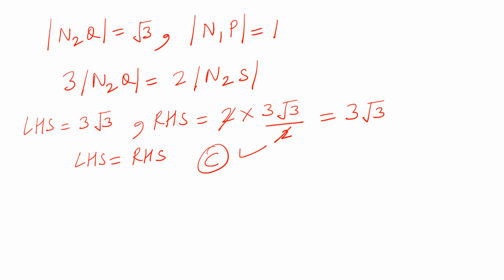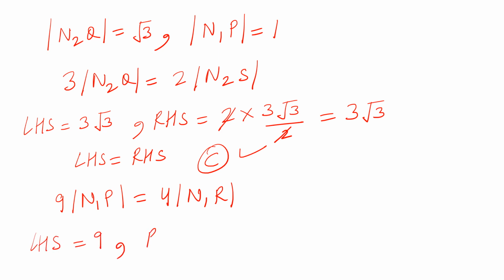Now students, we check the option D. In option D, it is given that 9 into mod of N1P is equal to 4 into mod of N1R. Now left hand side becomes 9 into 1, which is equal to 9, and right hand side becomes 4 into 3 by 2, which is equal to 6.